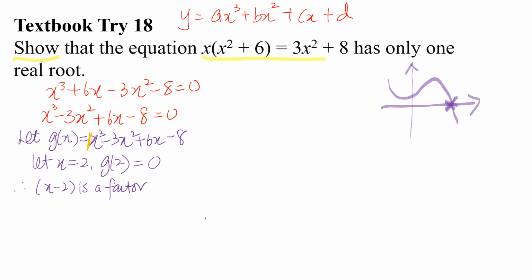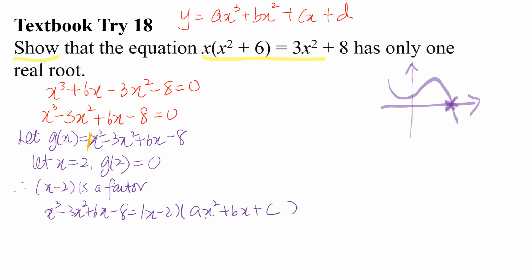Okay, so the next step is, if you recall, therefore x cubed minus 3x squared plus 6x minus 8 is equal to x minus 2 multiplied with your quadratic polynomial.